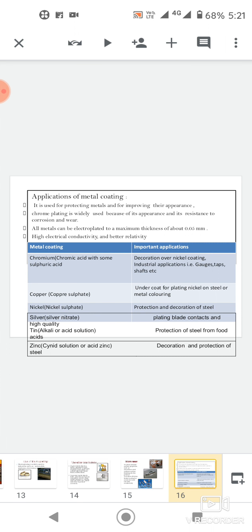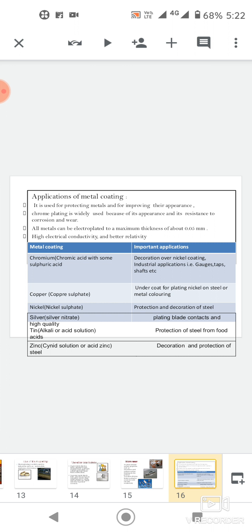And applications of metal coating: plating is used for protecting metals and for improving their appearance.